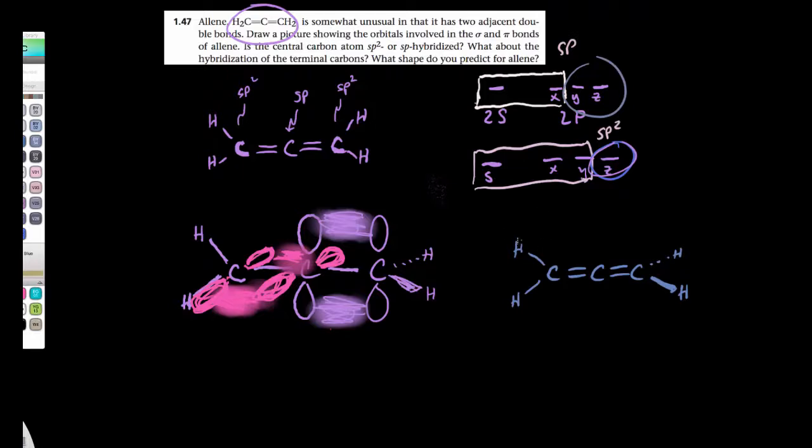And so the plane formed by these two hydrogens and this carbon is in the board, whereas this plane is coming out and going in. So these two planes are at 90 degrees, which is kind of an interesting shape for a very simple organic molecule like this, which is why allene is a little bit unusual.